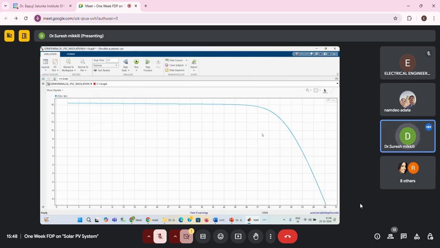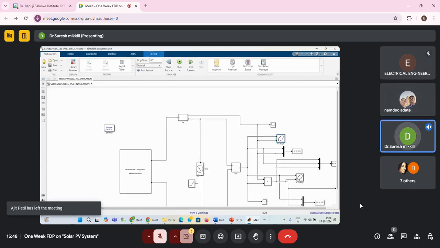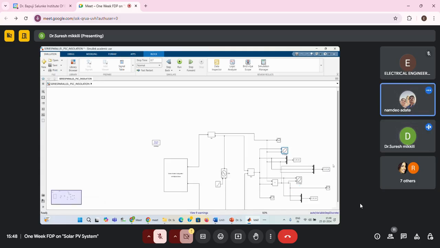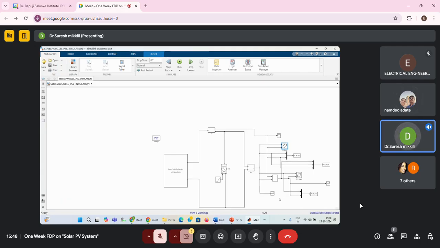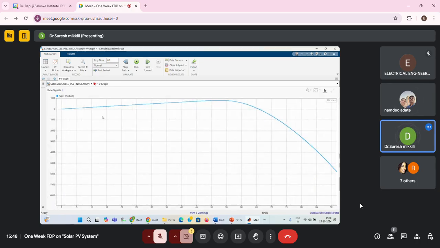How much are we getting? 16 point something, yes, correct. Understood, no? See, how much power will you get? 4 modules, 4 modules into 200 watt, so approximately 800 watts.